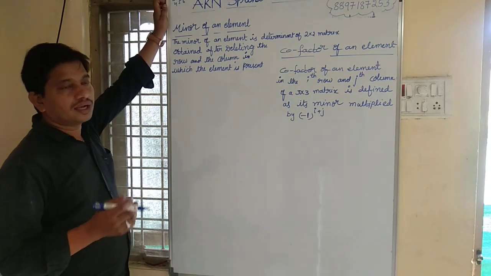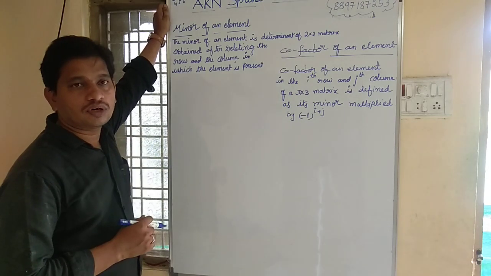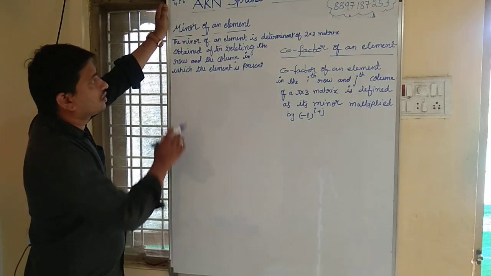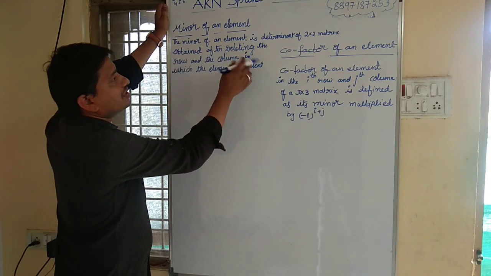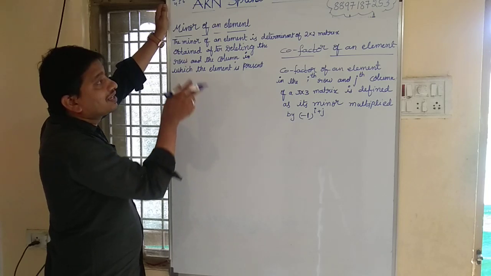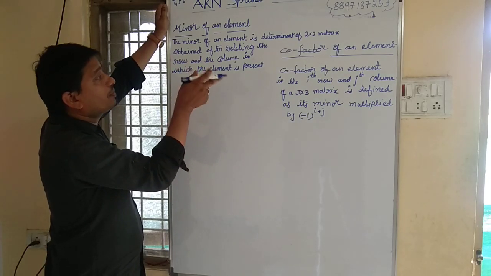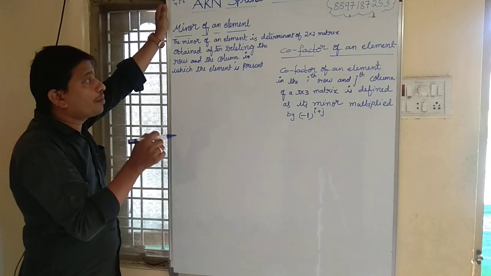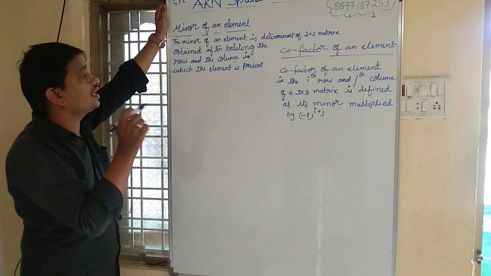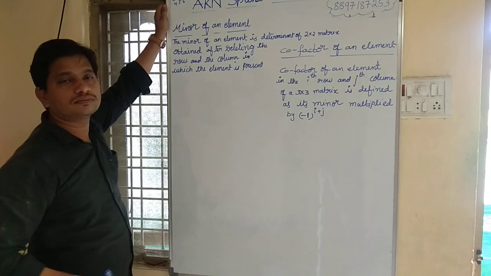Suppose A is a square matrix whose order is 3 by 3. The minor of an element is defined as the determinant of the 2 by 2 matrix obtained after deleting the row and the column in which the element is present.